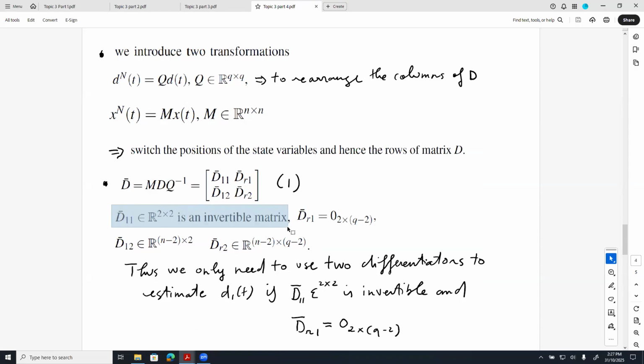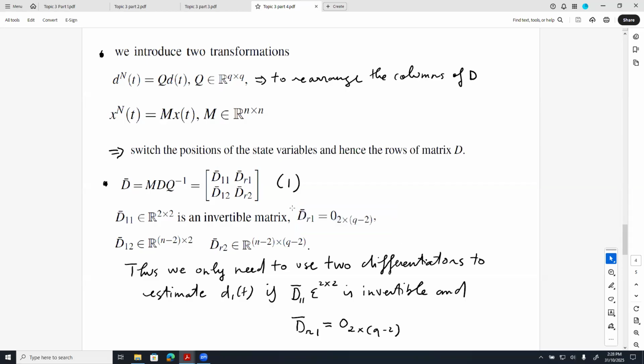We do whatever rearranging we need, but as long as we achieve this objective and we get a block here which is invertible. And the other thing is, this matrix D bar 1 is a zero matrix.